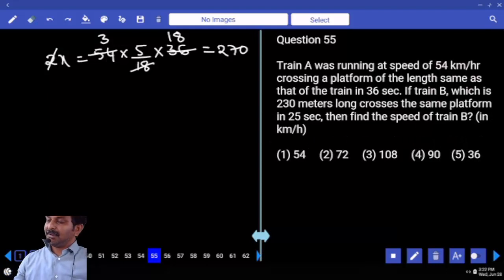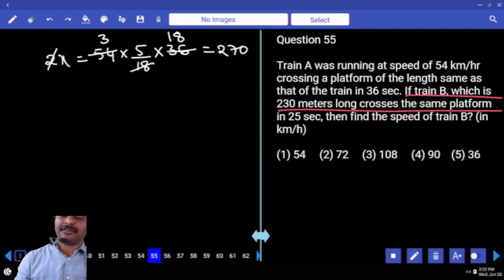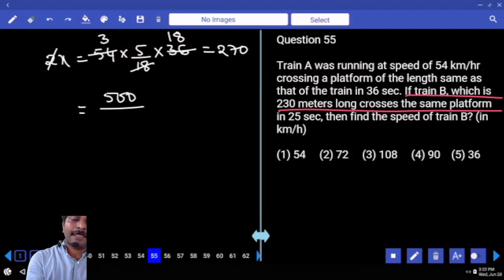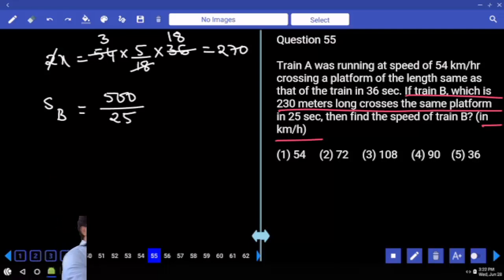Continue. Train B, which is 230 meters long, crosses the same platform in 25 seconds. If train B, whose length is 230 meters, crosses a platform of length 270, the distance covered in that case is 500. And in how much time? Distance by time gives you the speed of train B only. Speed of train B in kilometer per hour. What is 500?